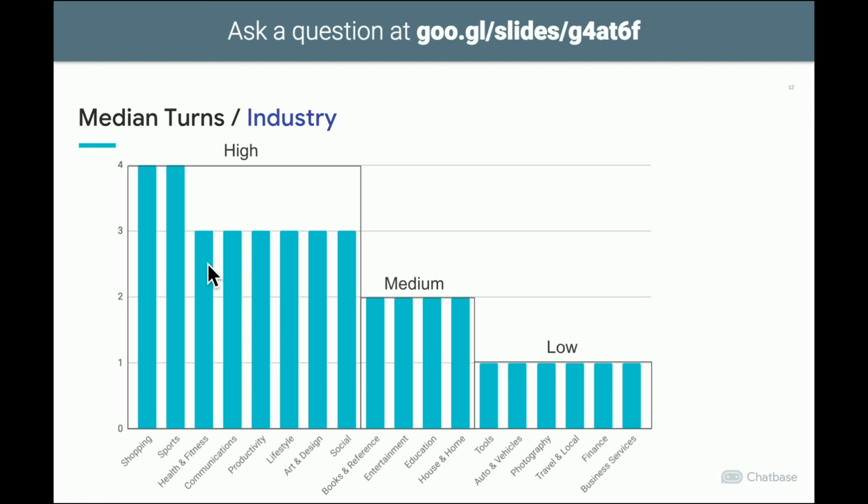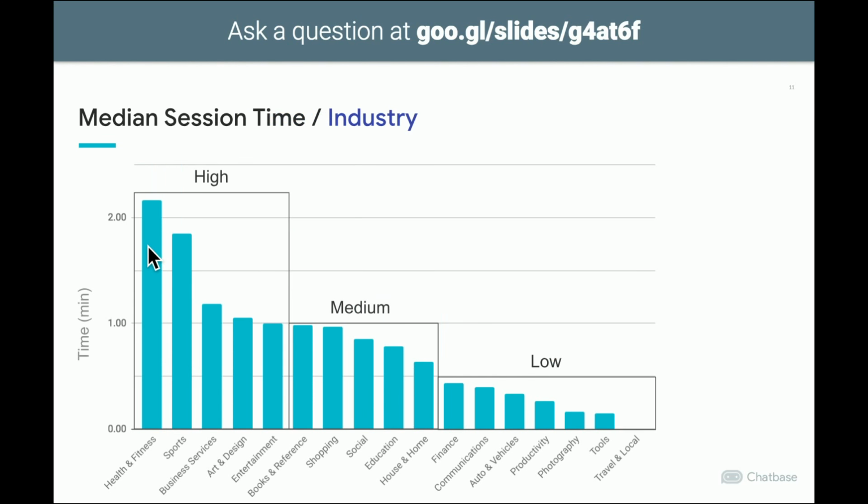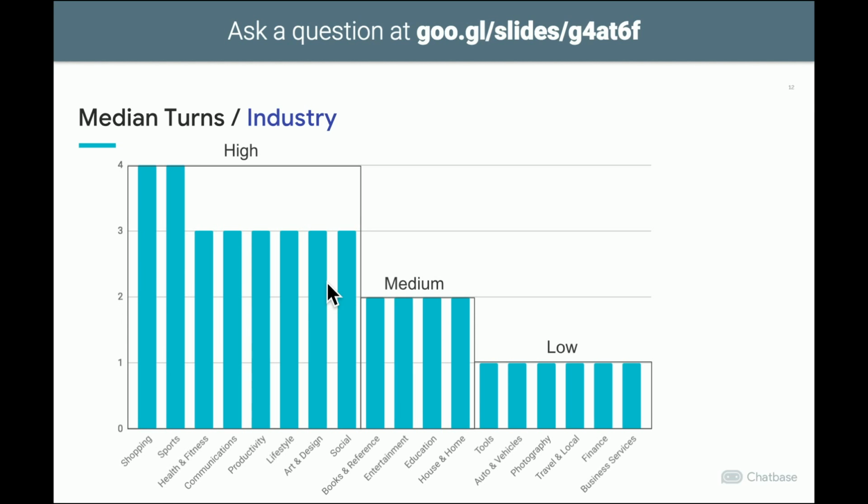It's interesting to see shopping at the top with 4 turns of the conversation. If I go back for a second and look at where shopping was in terms of session time, you can see that it was in the middle bucket, in the medium. So even though it's less than a minute of session time, there's a lot that happens over the minute, 4 turns of the conversation.